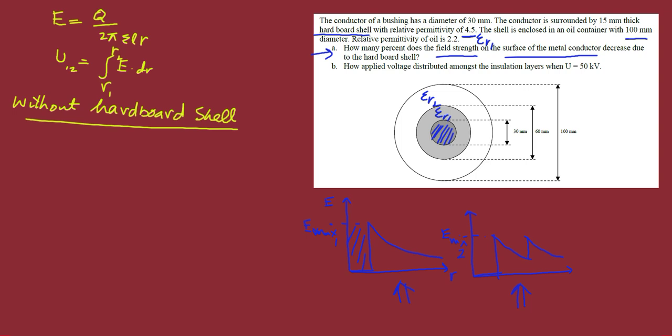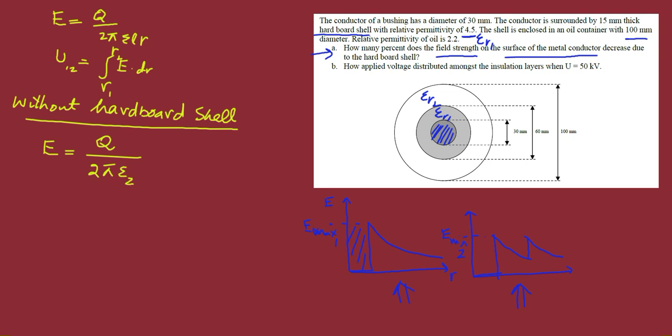Now in this case, our electric field E will be equal to Q over 2 pi, because now we have only one insulation, which is oil, so we will use the permittivity of oil only, which is epsilon 2.